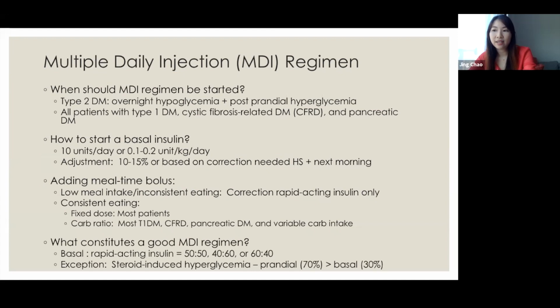The last case, 60 to 40, is more applicable if patients' intake overall is lower in carbs. An exception to this rule is that when patients are placed on steroids, their prandial to basal insulin requirement gets skewed to 70% prandial and 30% basal.